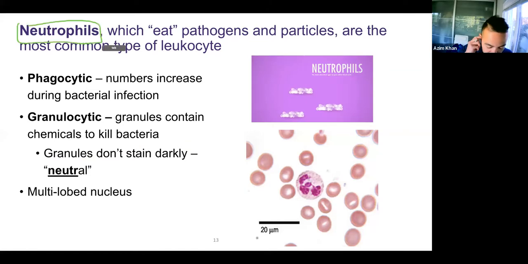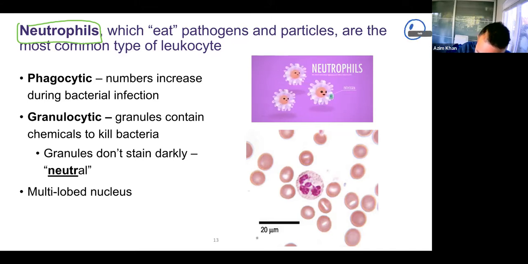So neutrophils, the way they look, I'm going to attempt to draw one on the side here. They have a multi-lobe nucleus. And they have lightly staining granules, really faint.